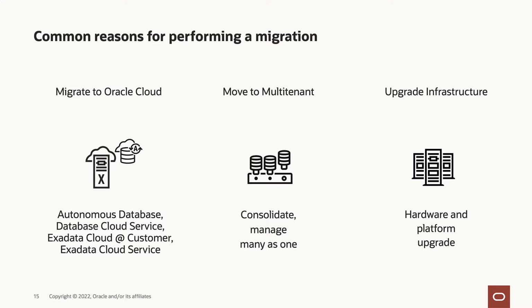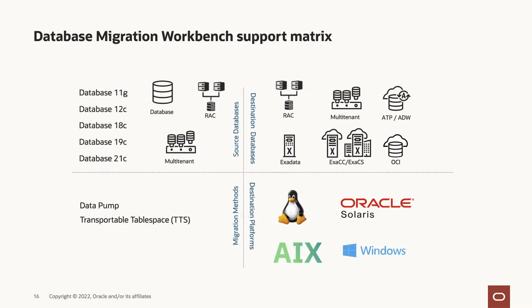To achieve this goal, you need a tool which will help you to migrate single instances to pluggable databases. Finally, if you have upgraded your infrastructure from legacy hardware to new generation systems or cloud, or to consolidate instances using engineered systems, you need a tool which will help you in migrating databases running on legacy hardware to new generation systems.